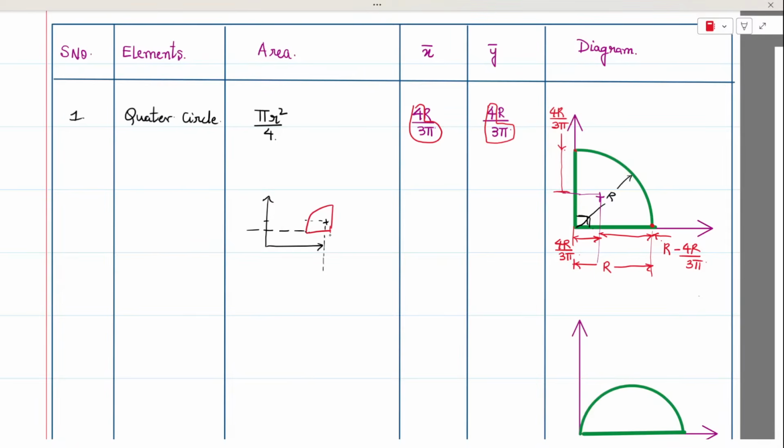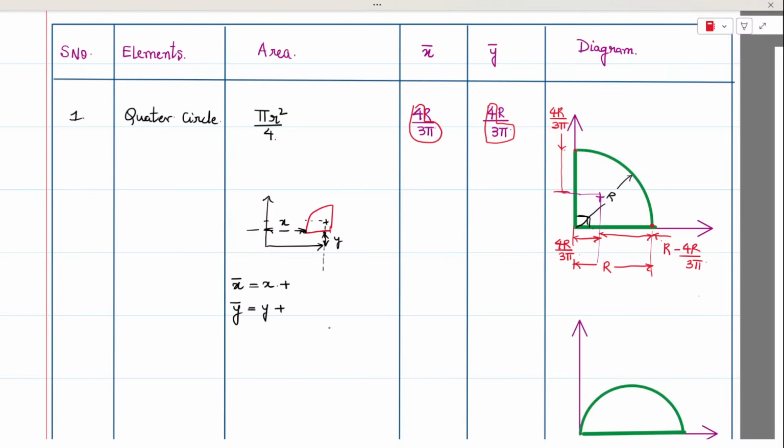This would be the x distance, and same way this would be the y distance. Now let's write this distance as x and this distance as y, and here x bar can be written as x plus something. What is that something? I need to write. And y bar can be written as y plus something.